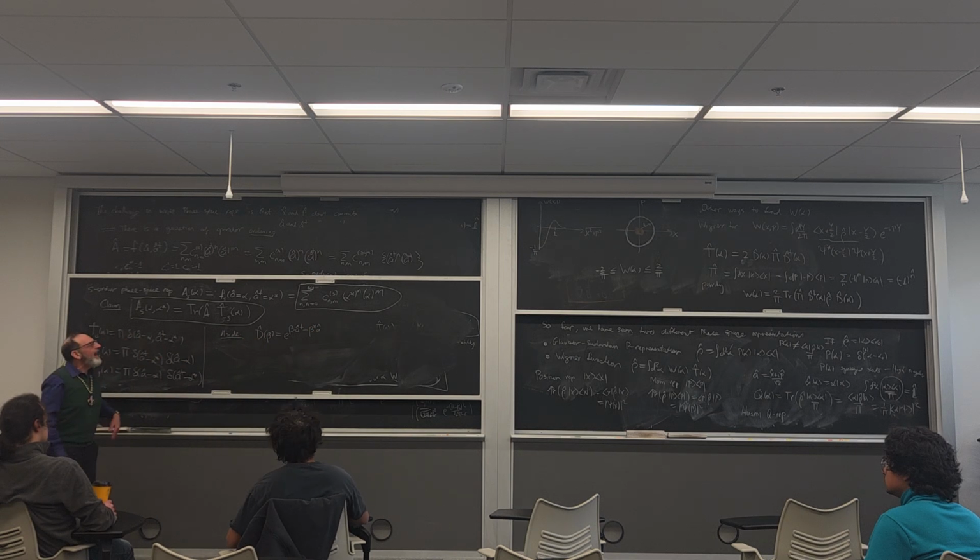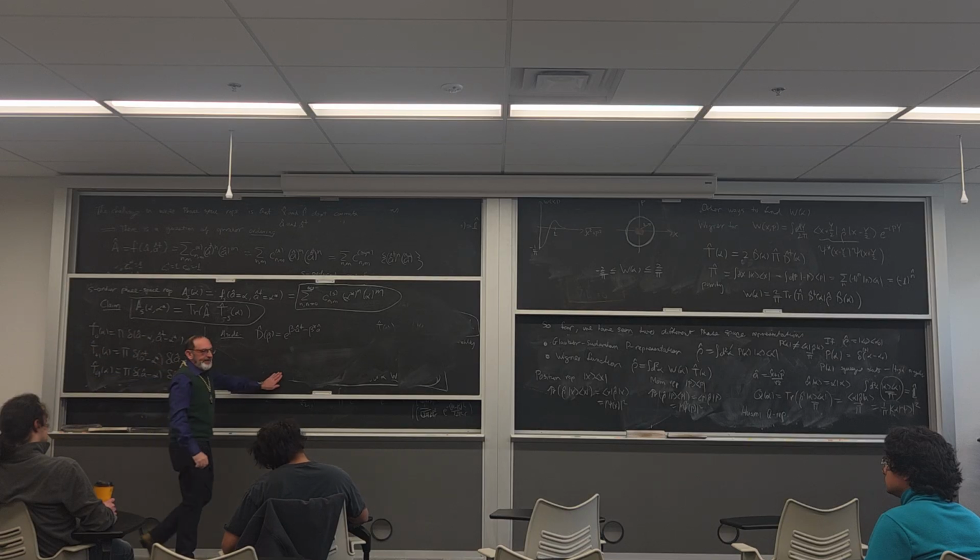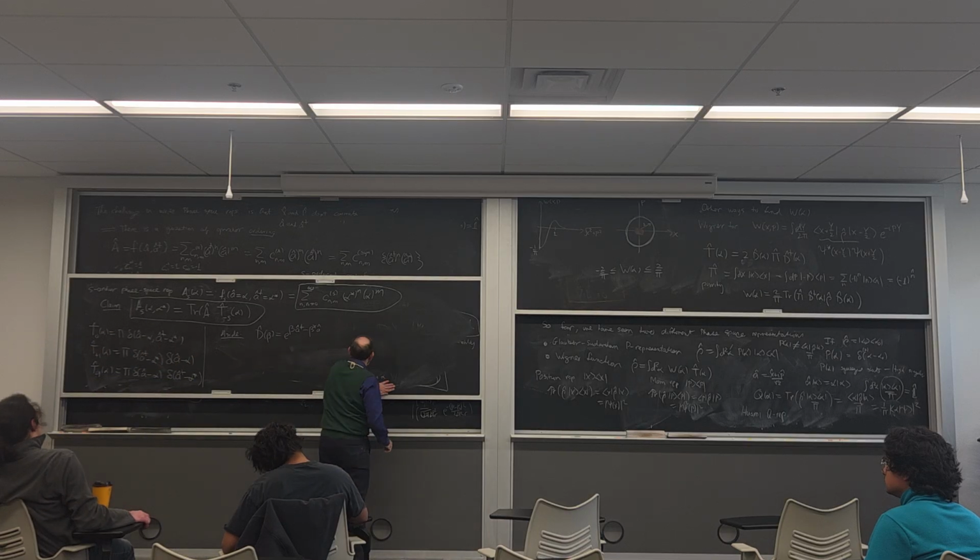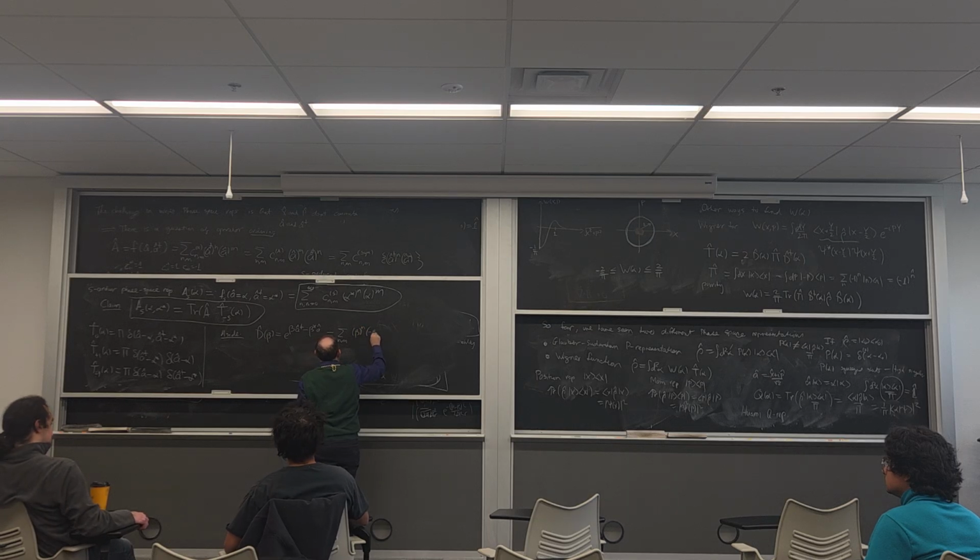Okay. But if I write this as a power series, what this equals is the sum over n, m of beta to the n, minus beta star to the m, over n factorial m factorial, times the symmetrically ordered product.